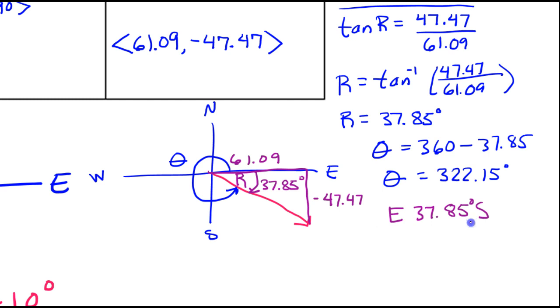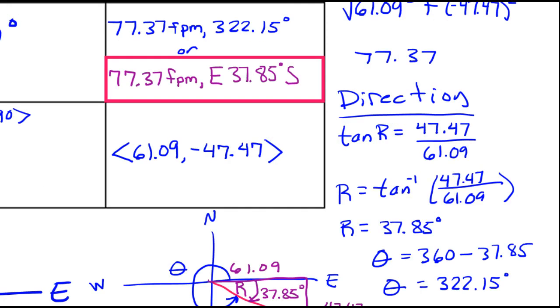So this would be another form of stating the direction, but one that matches the way they gave direction in the original problem. So this is what I'm going to record. So this is how you would write your final answer, or one of the final answers.